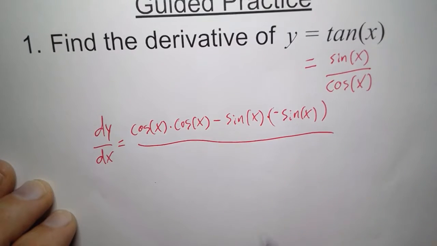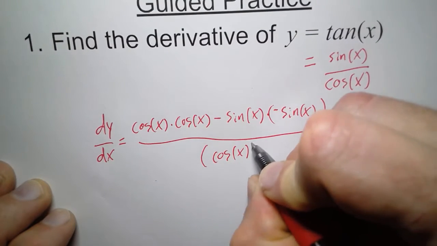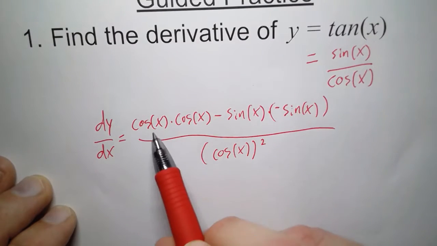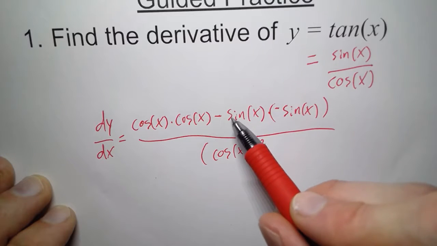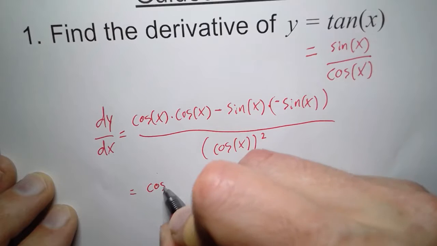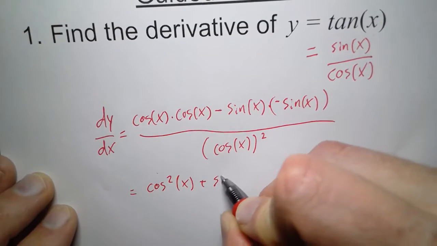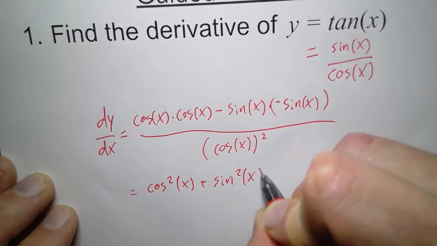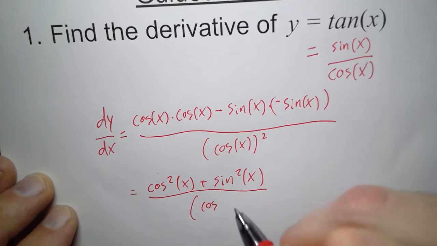So that's going to be cosine of x squared. So here we have cosine times cosine, and here we have minus sine times negative sine. So this simplifies to cosine squared of x plus sine squared of x all over cosine squared of x.